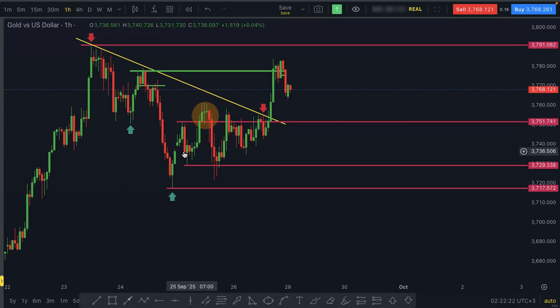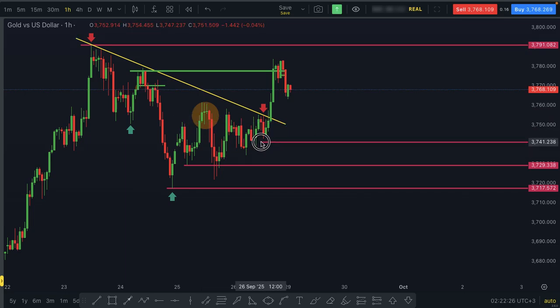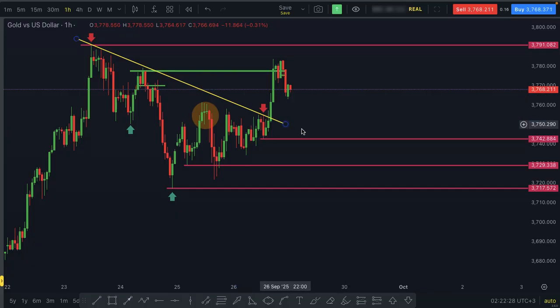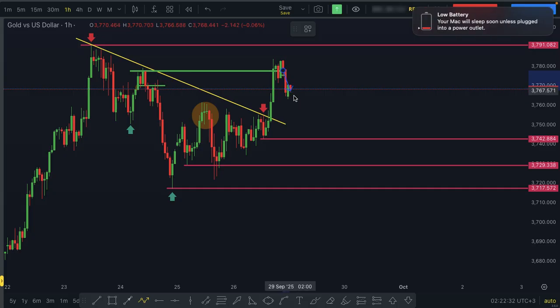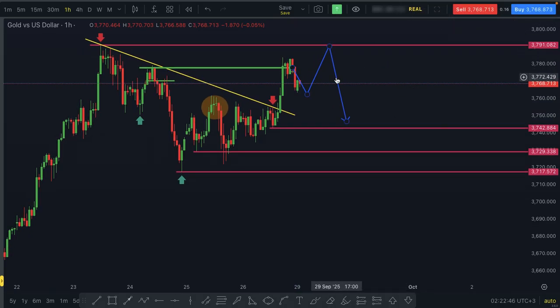So at this moment, we think that this market could possibly head from these zones. It could possibly push down to these zones, or maybe it could again come and retest around here before any further push to the downside. So this is what I'm aiming for on gold.